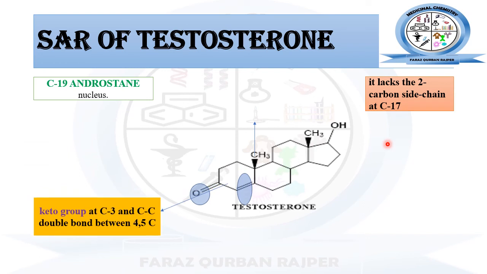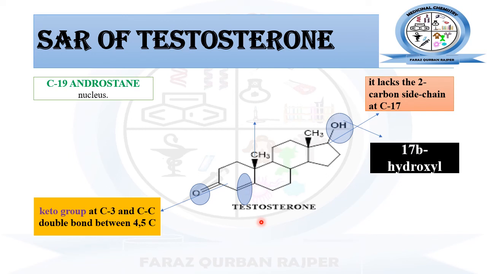Its structure has the ketone group at the 3rd position and carbon-carbon double bond at 4 and 5. And beside this, the hydroxyl group is present at the 17th position. You may observe that the testosterone chemical structure has the hydroxyl group at the C17th position.